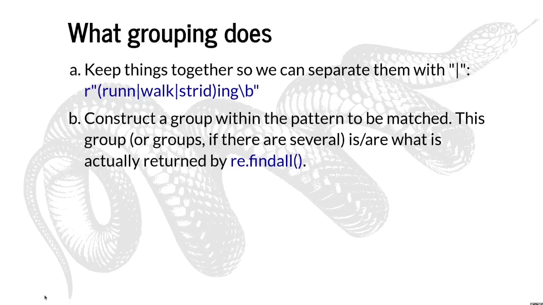Well, the thing is, grouping actually does two things. The first thing is what we've talked about so far. It keeps things together so we can separate them with a pipe character and treats these as units that you can alternate between. So either run, walk, or stride in this regular expression below here. And you can also apply a plus, a question mark, a curly bracket, etc. to the whole thing.